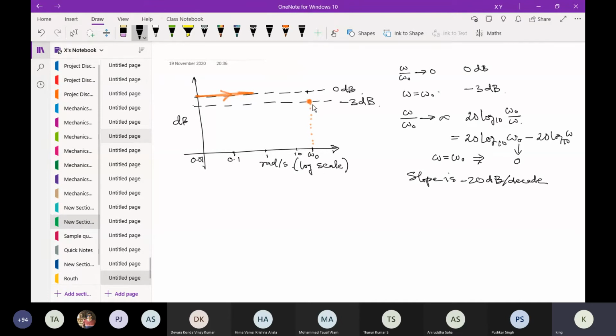So this will be a line which, let me use a different pen, will be a line like this.